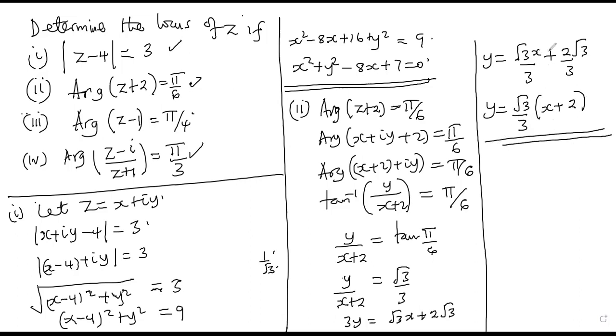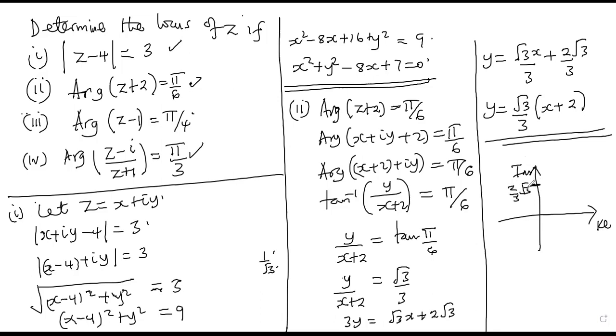However, if it is here, you can easily define it and easily tell that this is a straight line with the gradient root 3 over 3 and y-intercept 2 root 3 over 3. So it can easily be sketched because you already know the intercept. If I'm to sketch that one, I have real, I have imaginary. The intercept is 2 over 3 root 3. I'm assuming that it is somewhere like here.